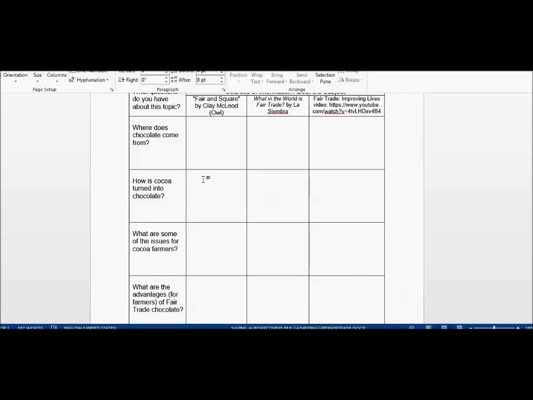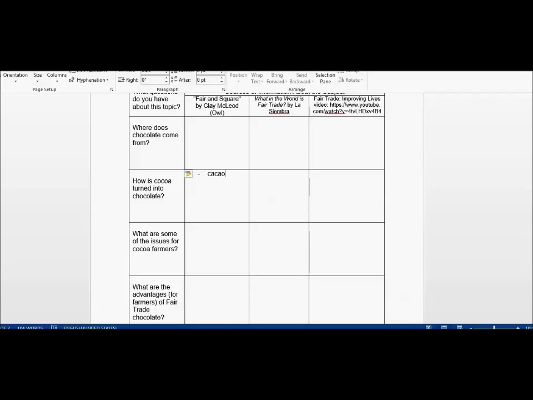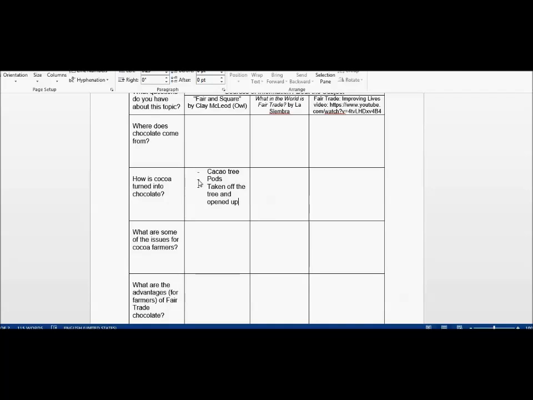So when you're writing down notes, you don't want to write down complete sentences, but keywords and phrases. So it starts with a cacao tree, and there are pods that are taken off the tree and opened up, and we also learned about some of these things when we were doing the split image routine, so you can put some of the information in this column.